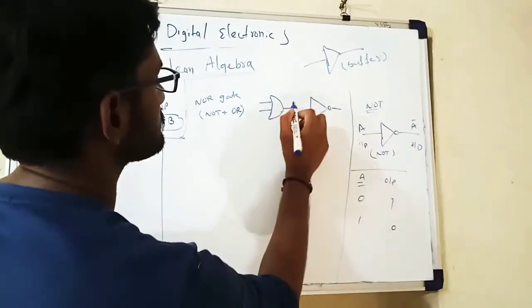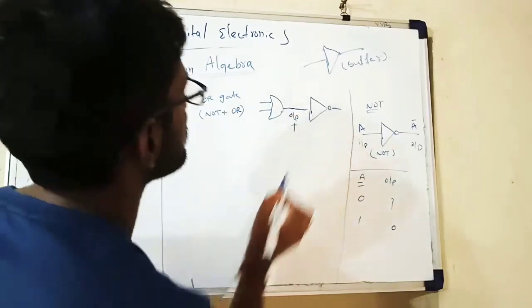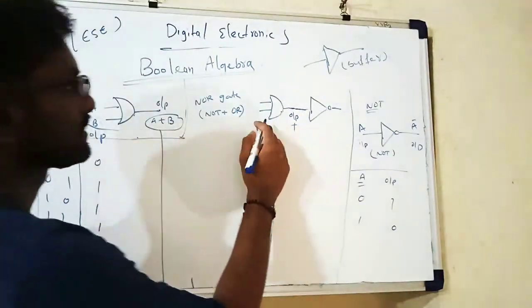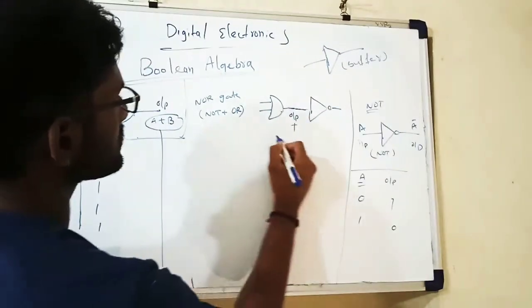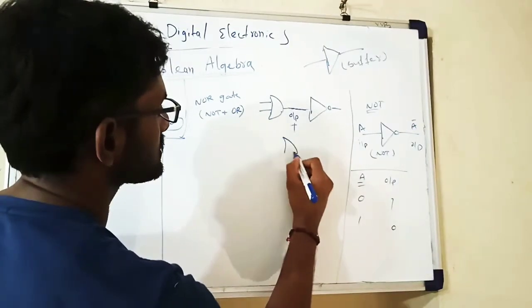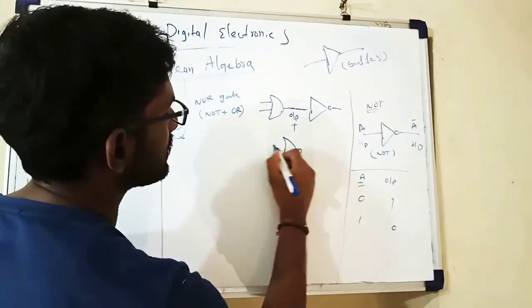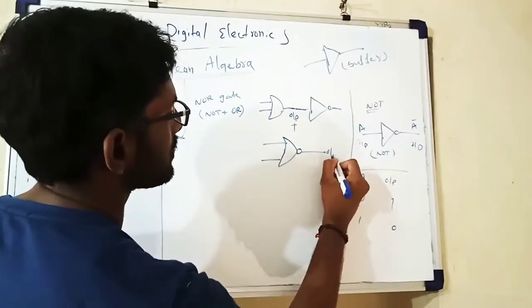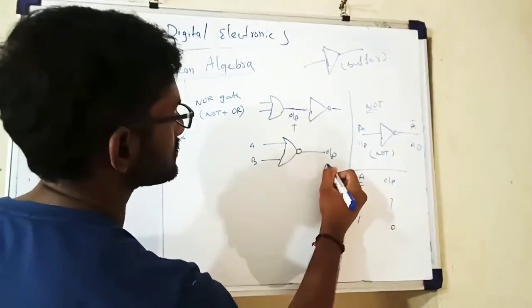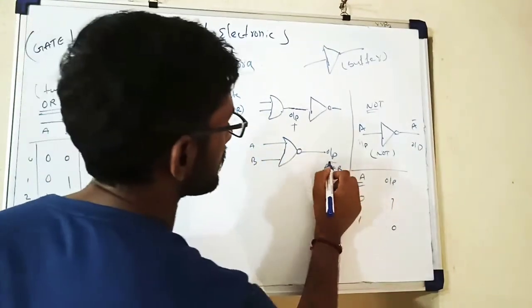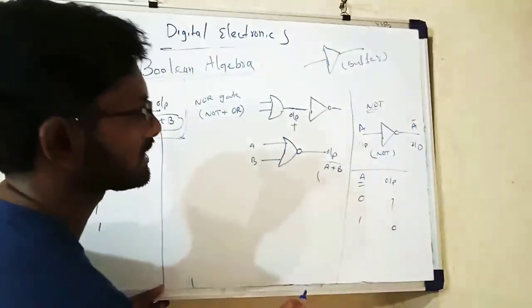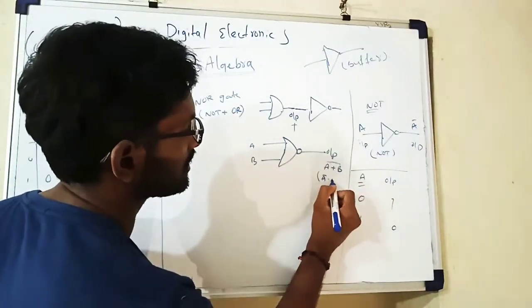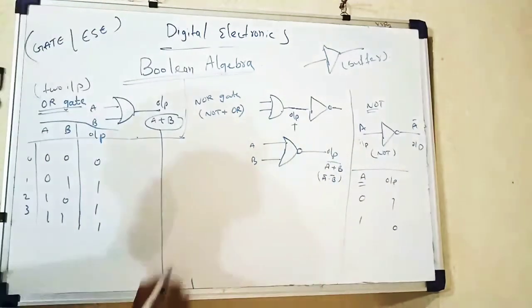NOT plus OR is the NOR gate. Simply this can be realized by adding a bubble here. The output is A plus B whole bar. By using Boolean algebra, we can write this as A bar dot B bar also.